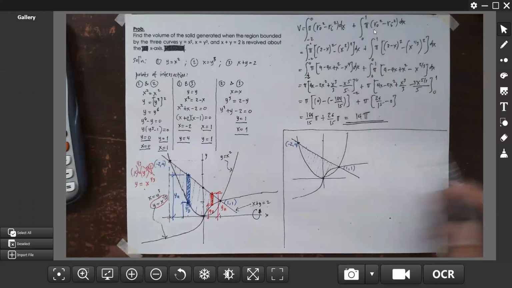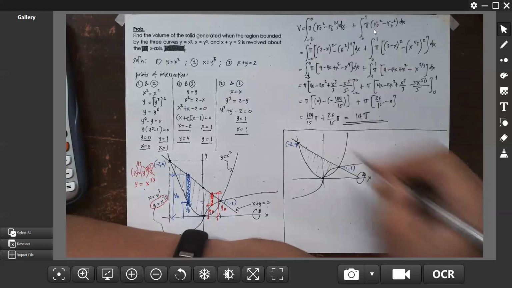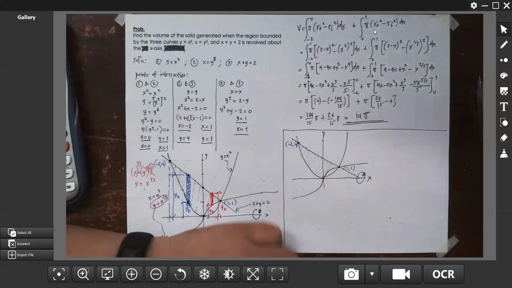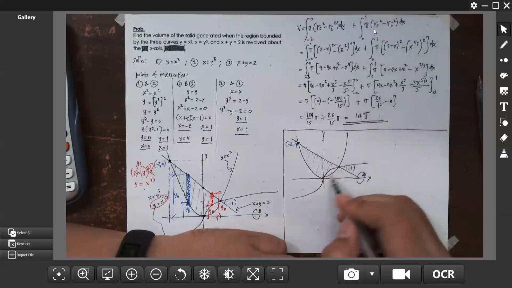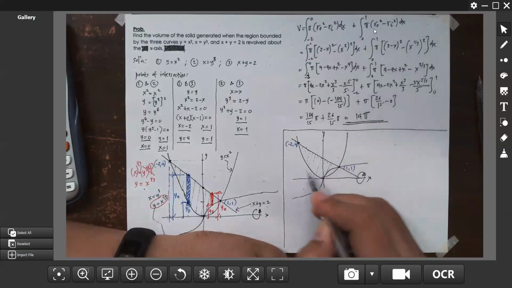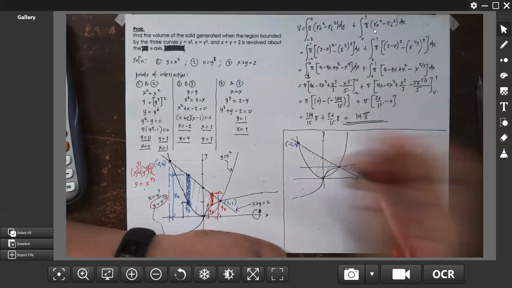Now, if you're going to revolve this about the x-axis, we are going to split the area. There. Okay, so we have this one. Split it there, because the conditions are this.